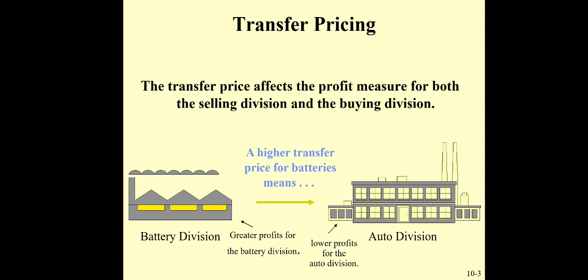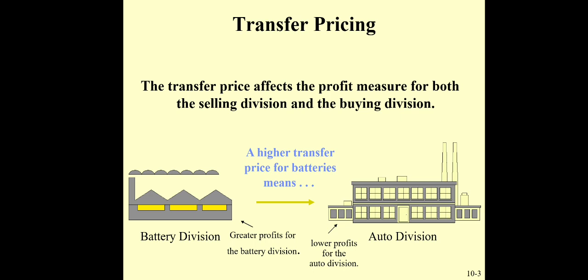In a company, there are two divisions. One is called the battery division and another one is the auto division. If the battery division sells something to the auto division, then that situation shows there is a transfer pricing situation.